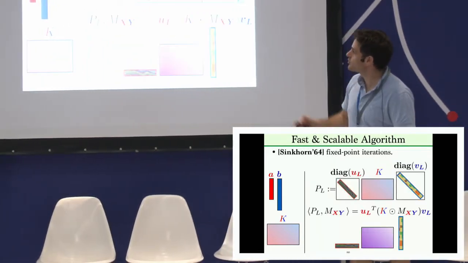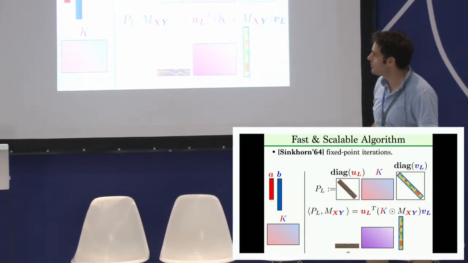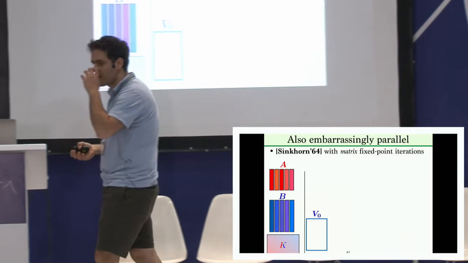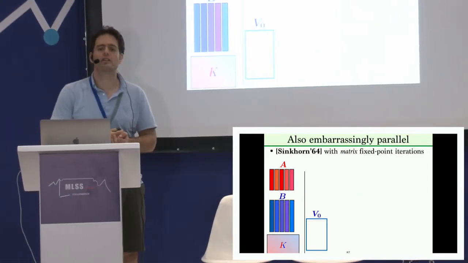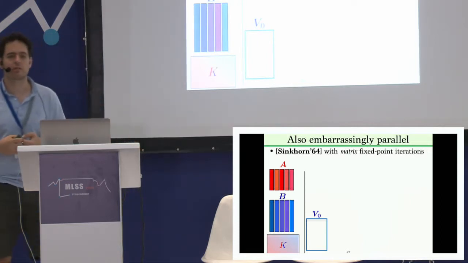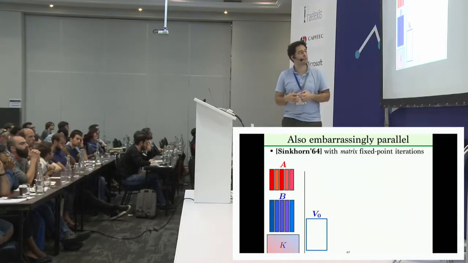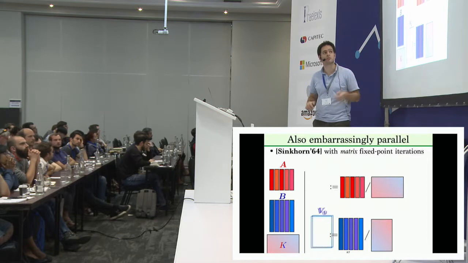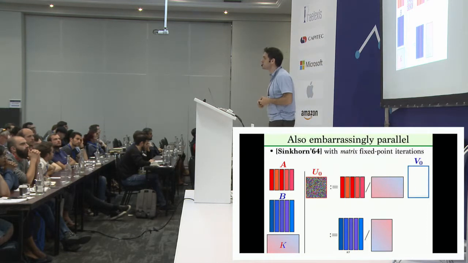This is the actual value of the cost that I get, but let me just say that it's easy to imagine yourself in a world where you don't want to compute just the distance between two histograms, but you want to compute it between, let's say, 10,000 histograms, or 10,000 point clouds. Then in that case, what you would essentially do is stack vectors and just simply do it this way, right? So it's just a fixed matrix iteration instead of being a fixed point iteration.